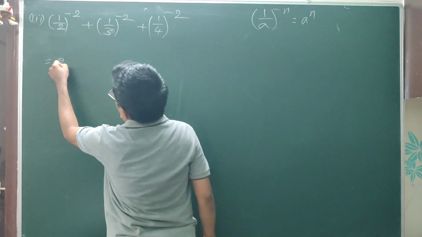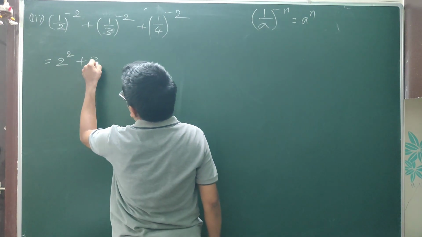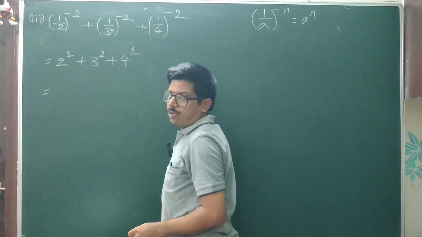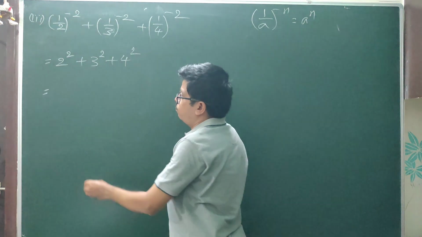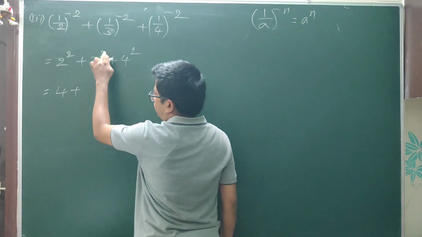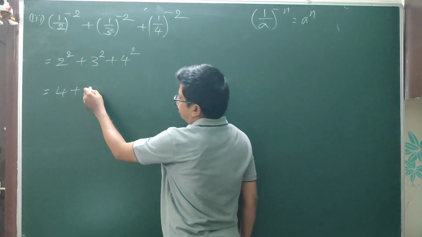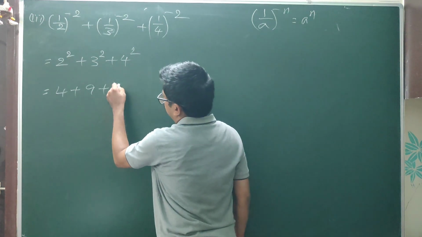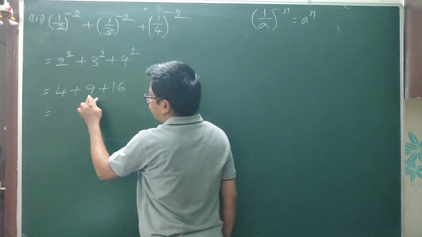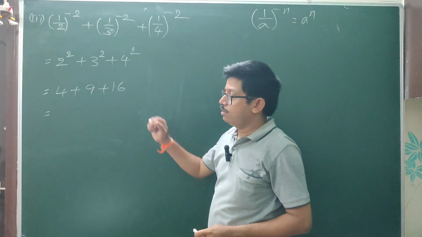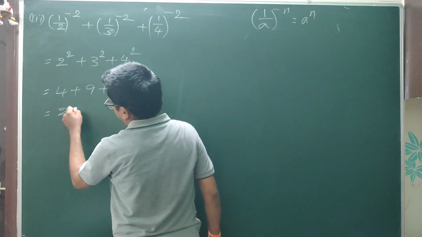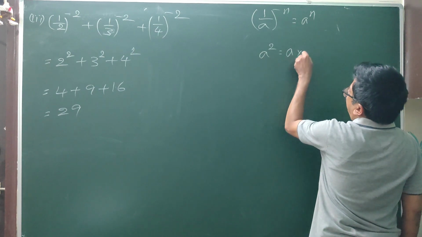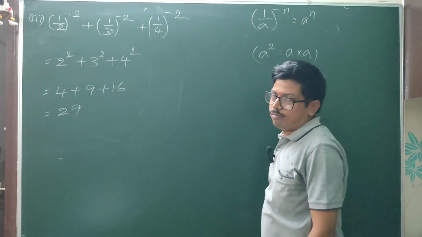Which is equal to 2 square plus 3 square plus 4 square. 2 square means 2 into 2, 4, plus 3 square, 3 into 3, 9, plus 4 square, 4 into 4, 16. Equal to 4 plus 9, 13, plus 16, 29. Just have a check: a square equal to a into a. You can write it as a formula.